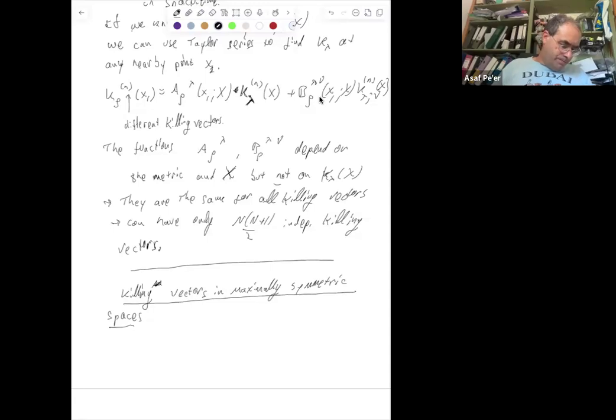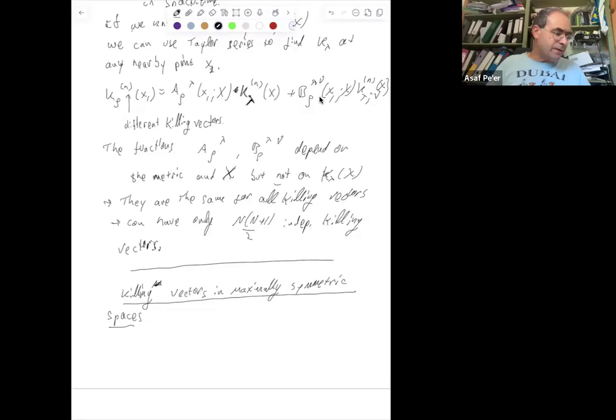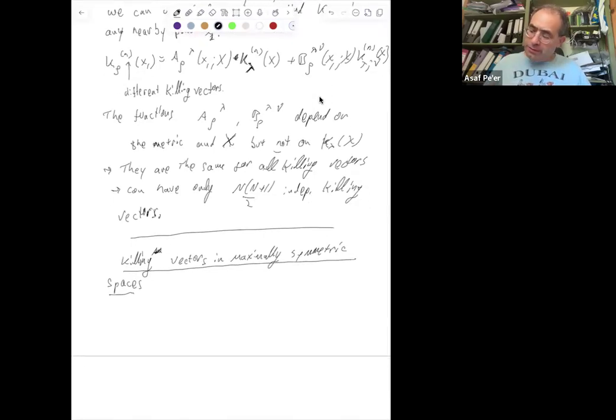So remember that a maximally symmetric space is both homogeneous and isotropic. So consider a point x in a homogeneous space.